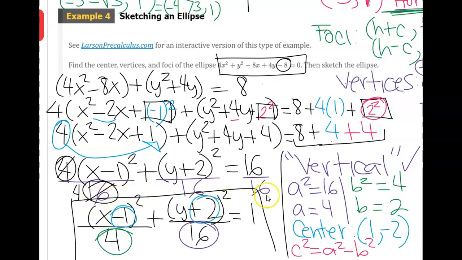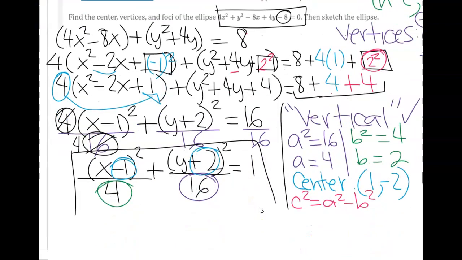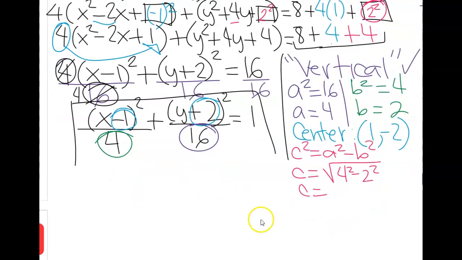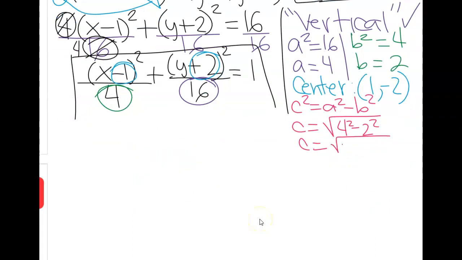So I'm going to leave it there. But just to point out, let's just finish it. We're almost there. So c is going to be equal to the square root of a squared, which is 4 squared, minus b squared, so 2 squared. So this is equal to the square root of 16 minus 4.